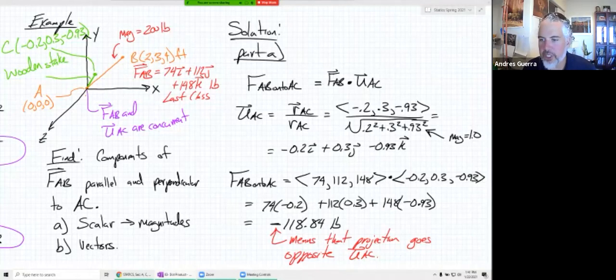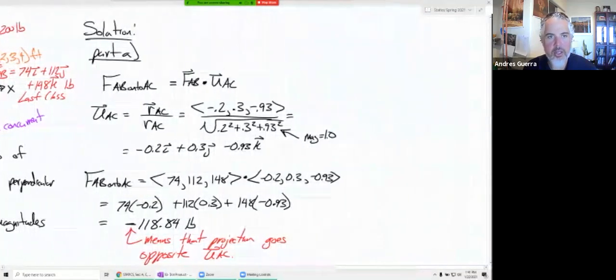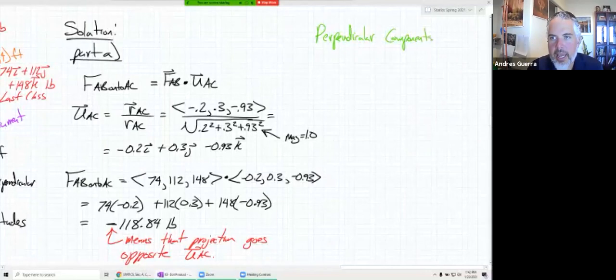So that's the projection of that 200-pound force, or that force vector, A to B, onto that line from A to C. Now, how about for the parallel? We just did the parallel. How about the perpendicular? Remember, for the perpendicular component, if we're still in part A, we want to find the scalar. So part A is the scalar.